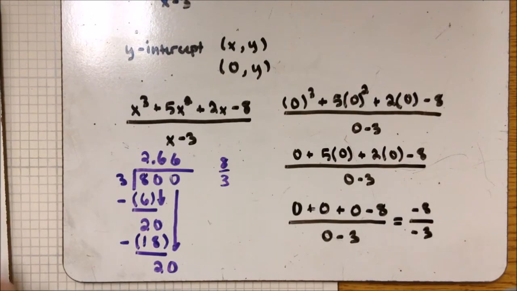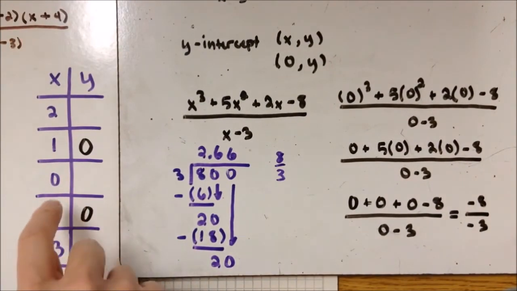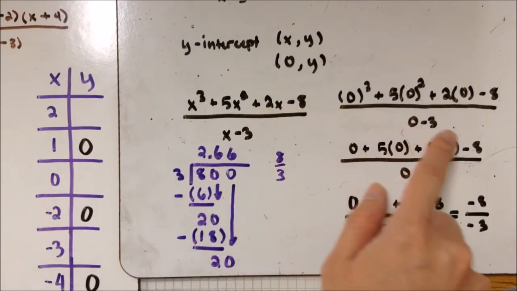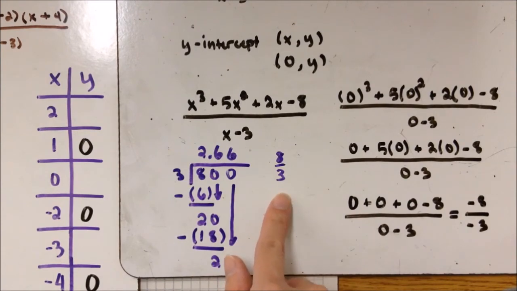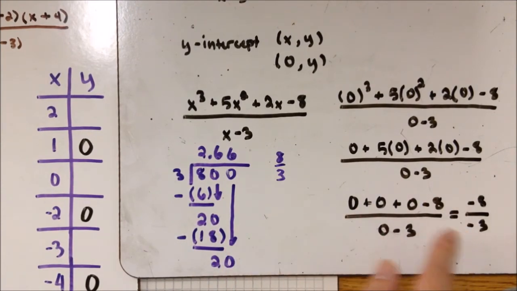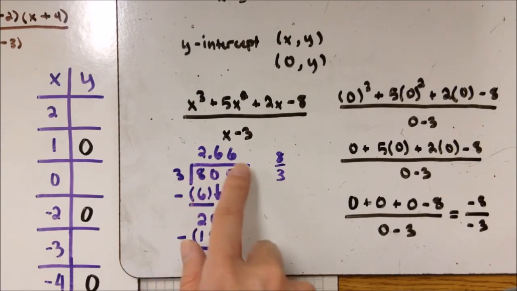So, our y-intercept, we plug in 0 into all the x's, and then we came out with 8 over 3. A positive 8 over 3. Remember, negative divided by negative is positive, so 8 over 3. And then if I convert it into decimal, we got 2.66.